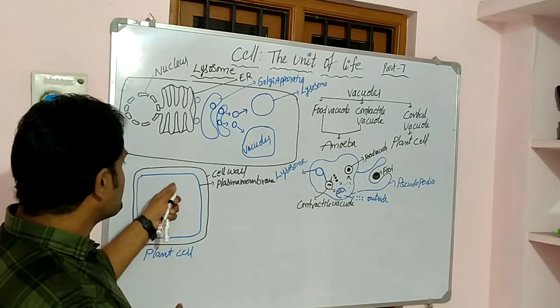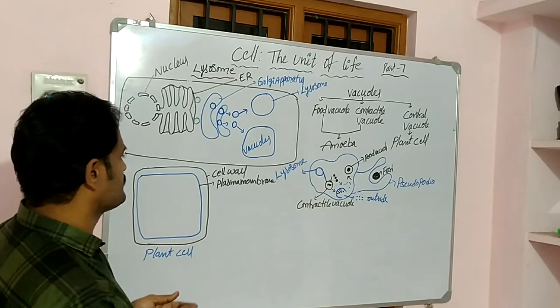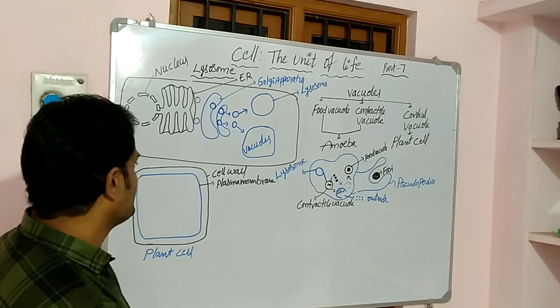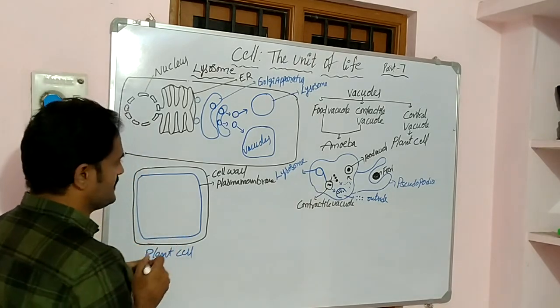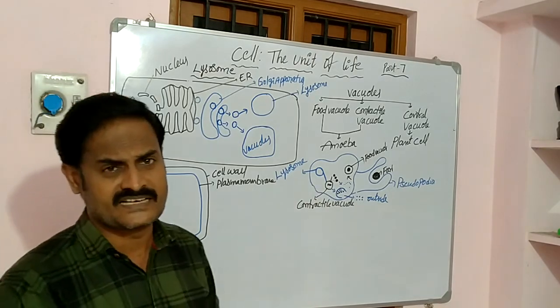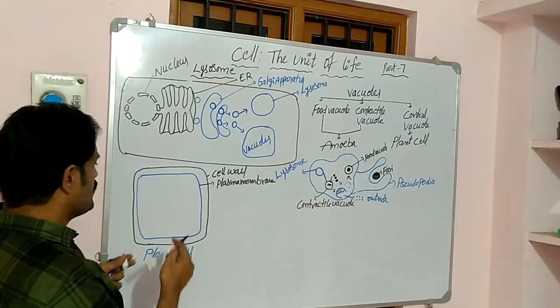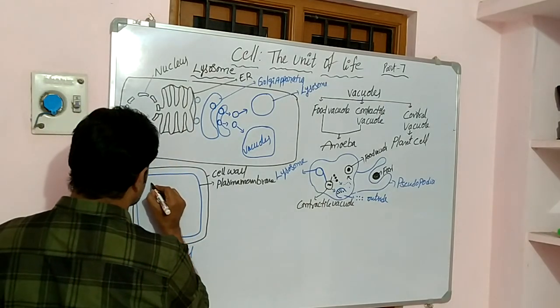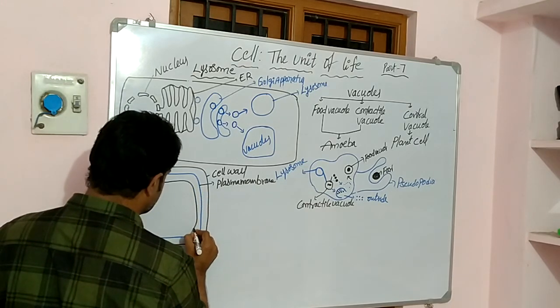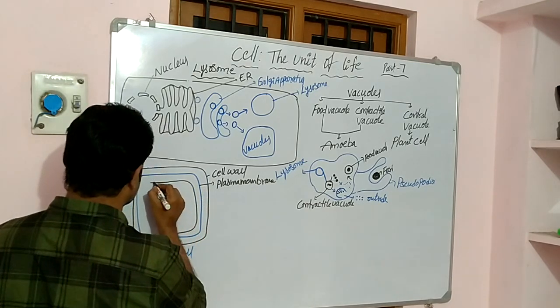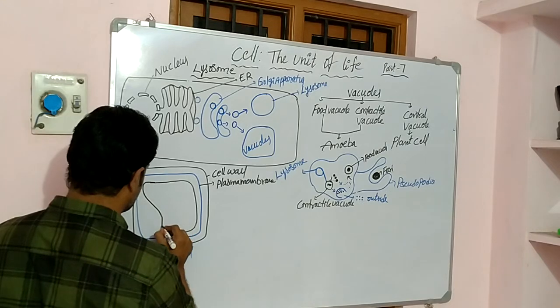Okay, inside the cytoplasm of the plant cell, lysosomes are present here. Vacuoles are present here. See, the vacuoles are very big in the plant cell. Remember that, like this.